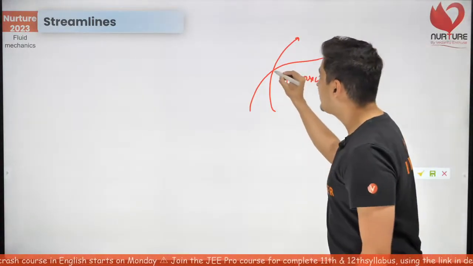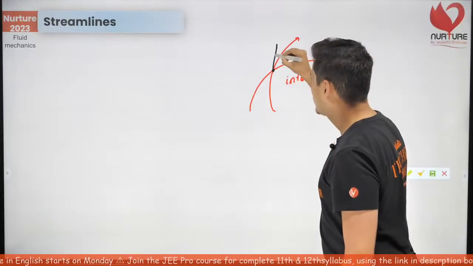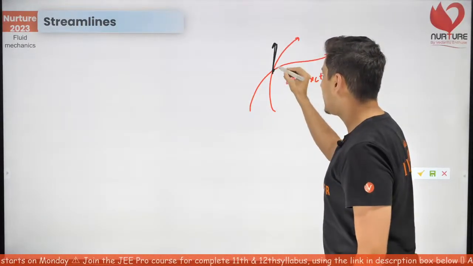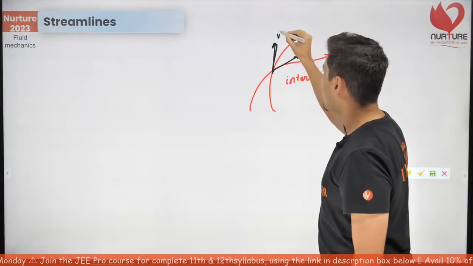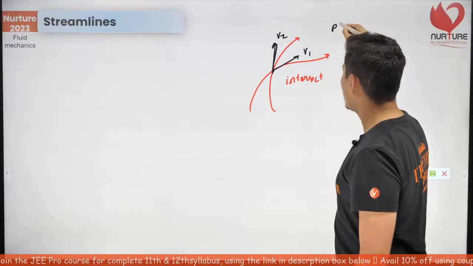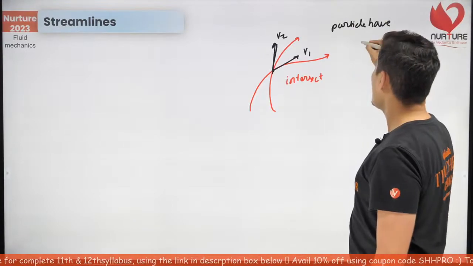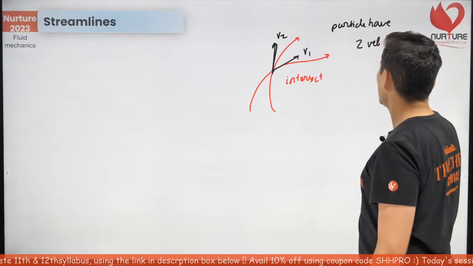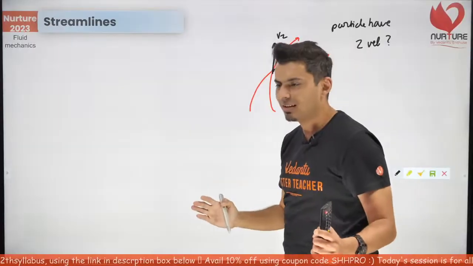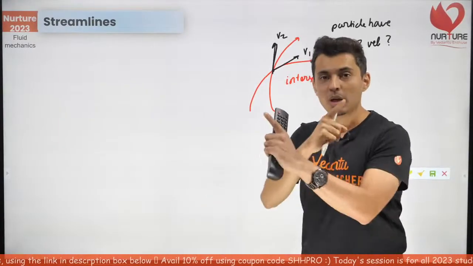Think about it. If they intersect, I will have two tangents, and if I have two tangents, I have two velocities at the same point. How can a particle have two velocities together? Not possible.